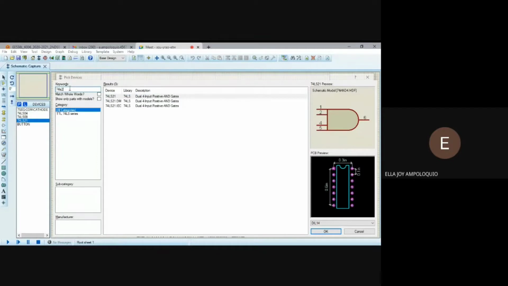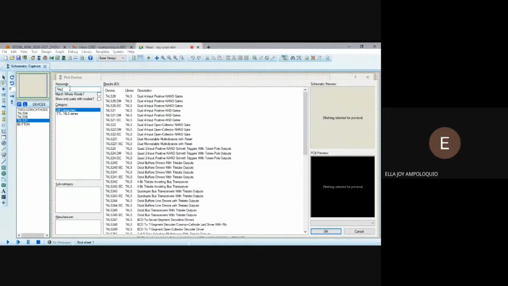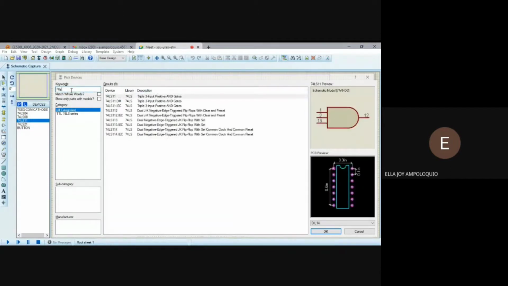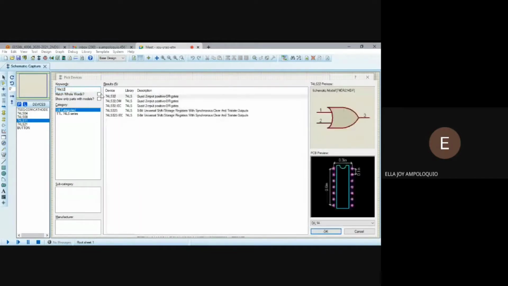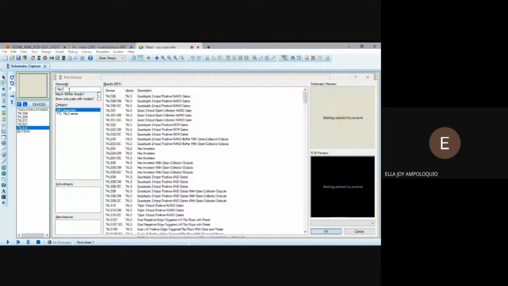Then the 74 LS11, the AND gate with 3 inputs. And we have 74 LS32 or the OR gate with 2 inputs. Then 74 LS73, which is the flip-flop.